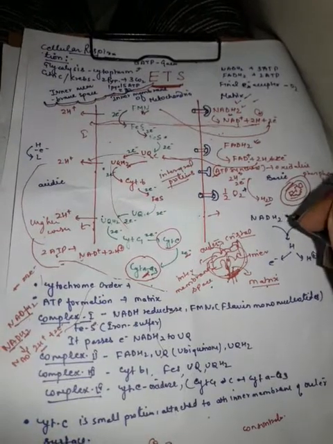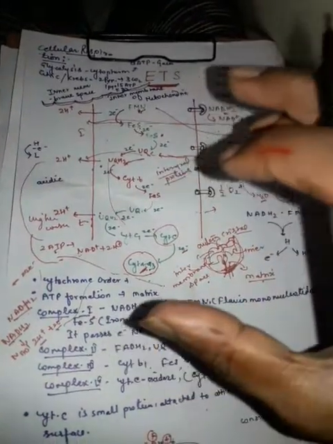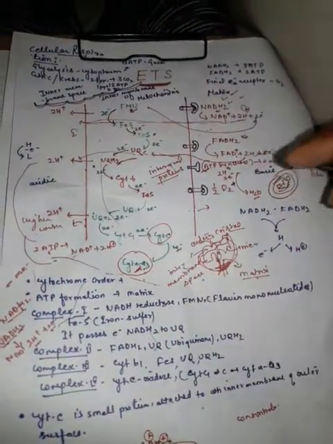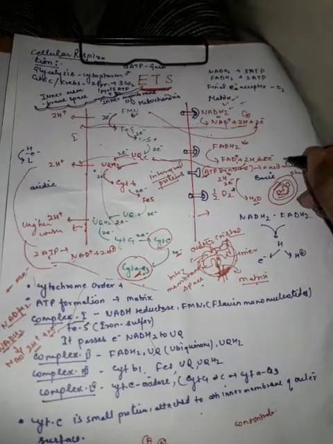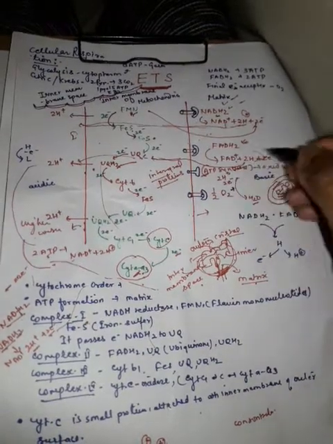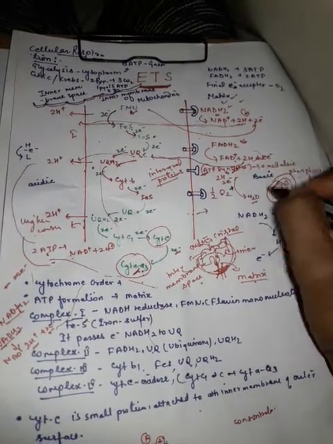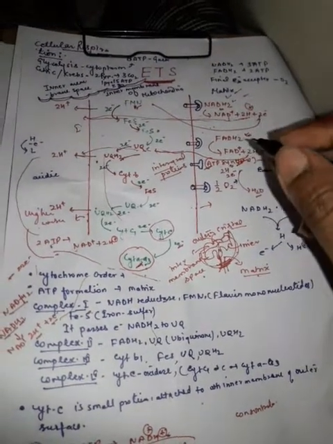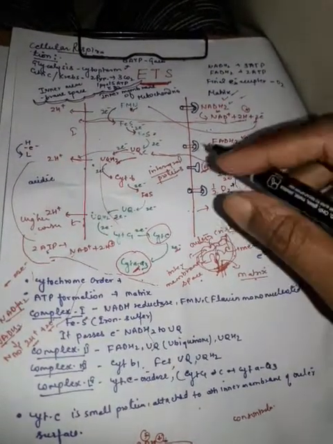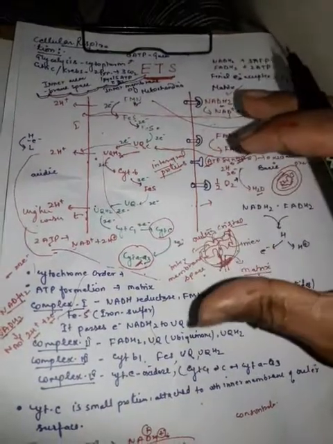So this is the ETS cycle, okay. After this cycle, ATP synthetase is involved, means the oxidative phosphorylation step takes place, okay. So it is the ETS cycle, okay.